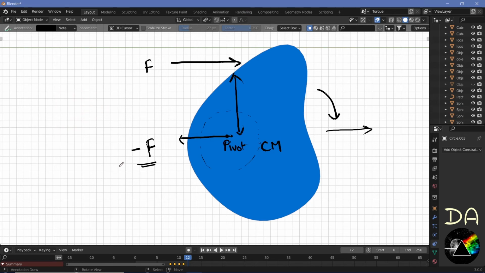But since we know that there has to be a force in the opposite direction, and it's going to be 0 if it's acting across the pivot, why don't we ourselves apply our own negative force in the opposite direction, acting below the pivot? This way, our net force would still be 0 and this would not move forward.